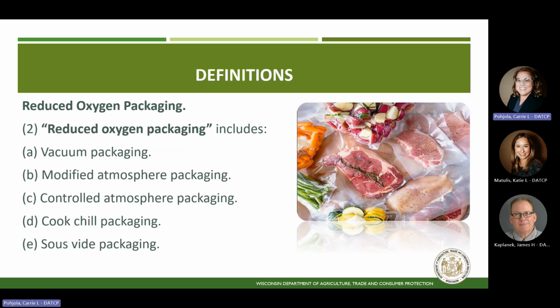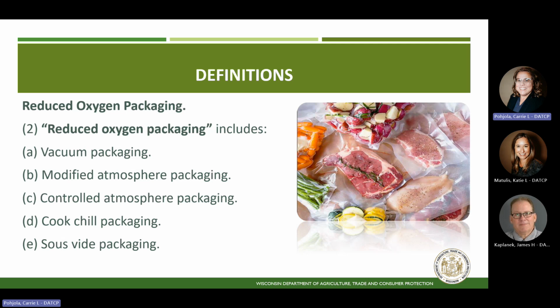Reduced oxygen packaging includes the following. First, vacuum packaging. Vacuum packaging happens when the air is removed from the package of food and the package is hermetically sealed so that a vacuum remains inside the package.